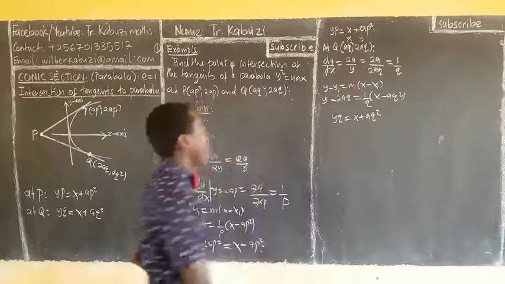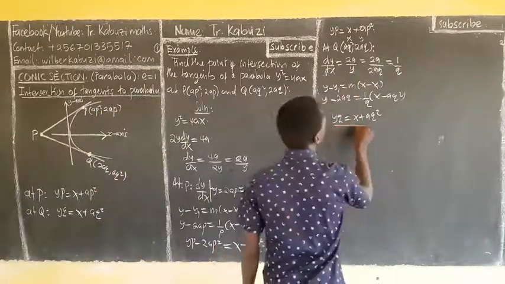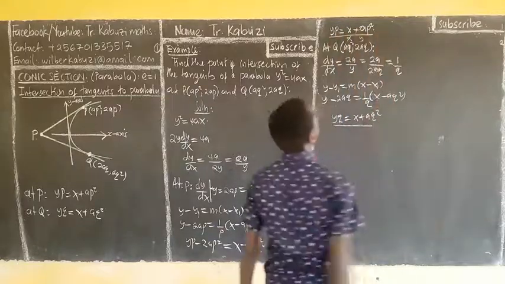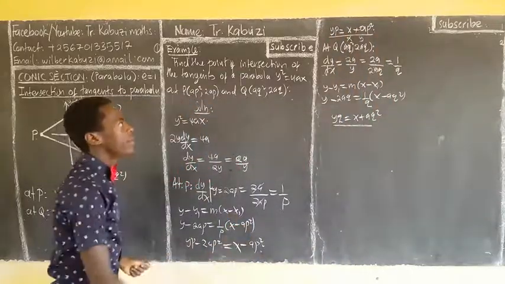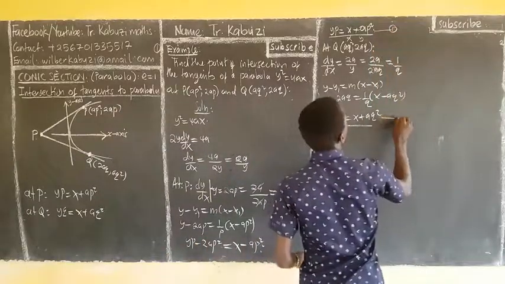The same idea. Now, I have this tangent at p and this tangent at q. For them to intersect, it means that you just solve them simultaneously. If this one is equation 1, this will be equation 2.